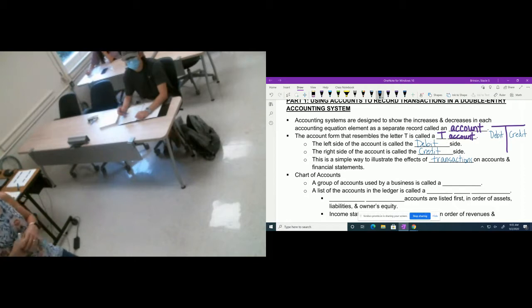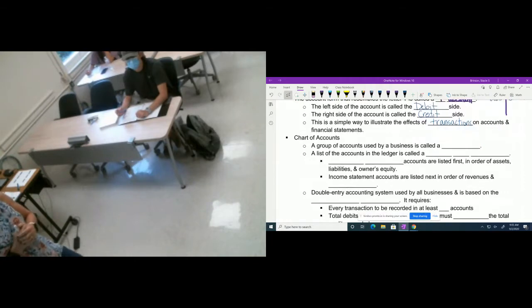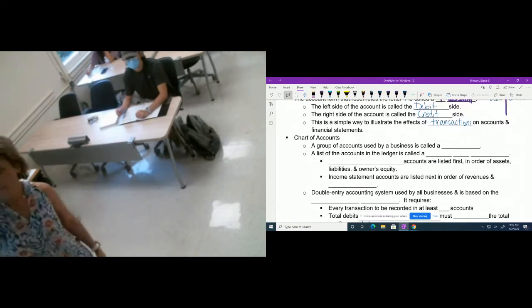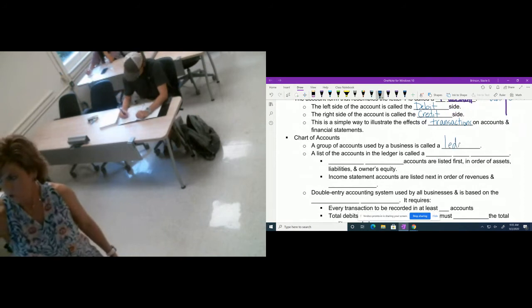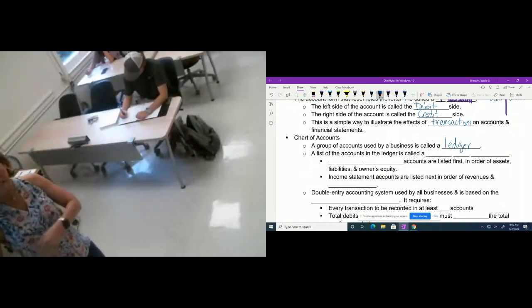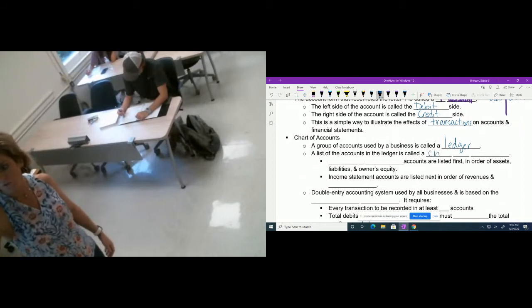A chart of accounts. A group of accounts used by a business is called a ledger. And y'all will be using one of those this chapter, and you'll see what I'm talking about at that point. But the simple list of accounts in that ledger is called a chart of accounts.